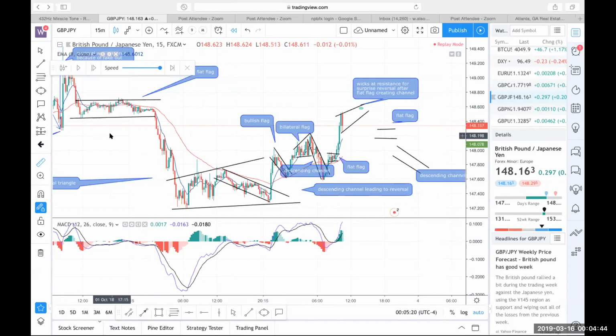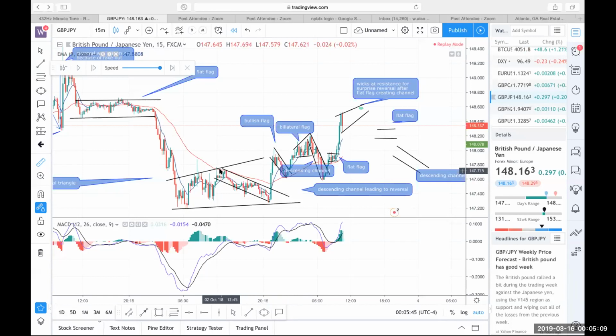To know the difference between a bilateral and an expanding, the safest way to know that is when you have the impulse to the downside and it breaks and retests, and then you get in for that continuation.